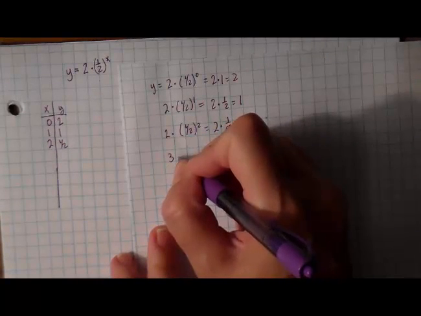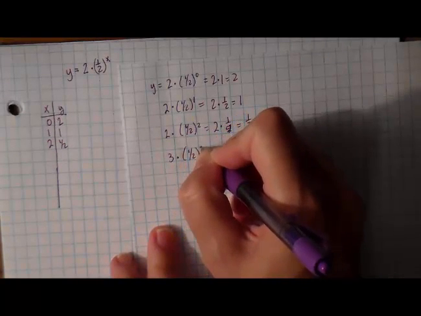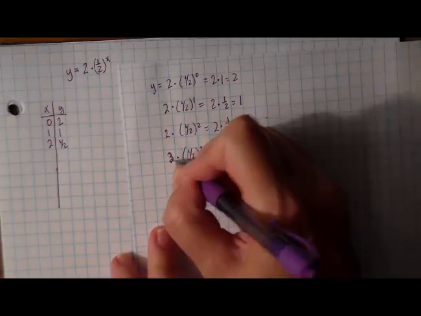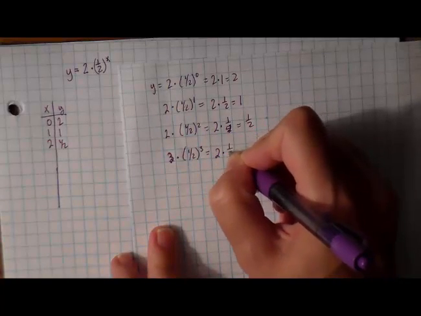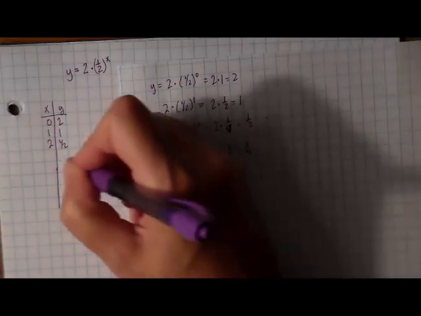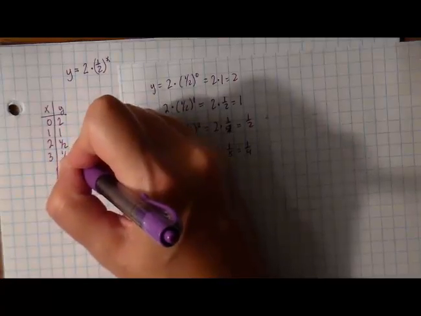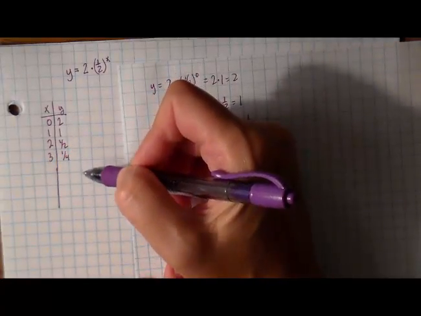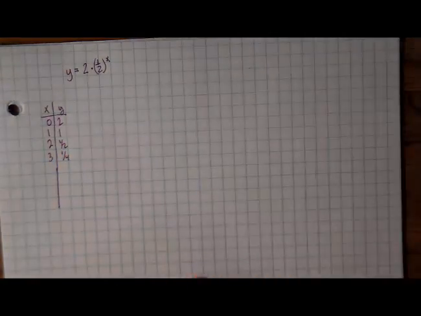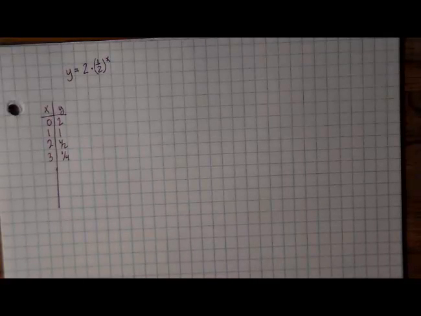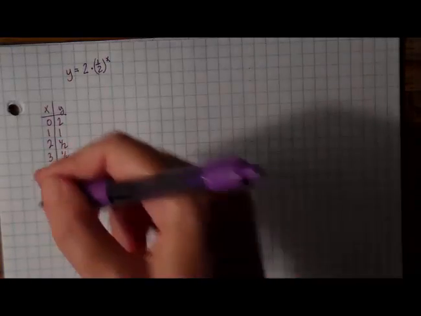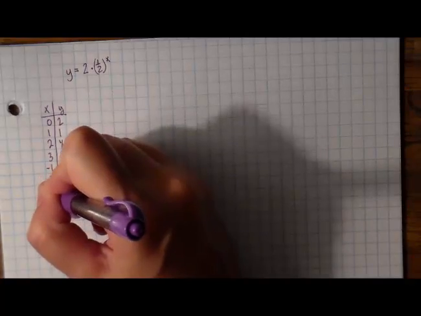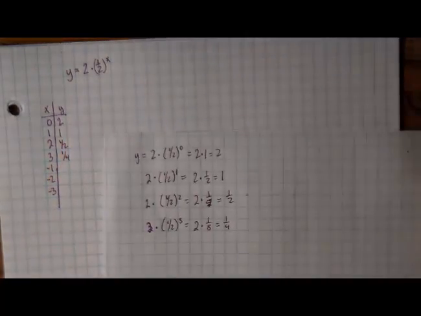If I plug in 3 for x, I'll get 2 times 1 over 8, so that's 1/4. And as you can see, I'm getting smaller and smaller. I'm going to go ahead and do some negatives. I'll do -1, -2, and -3.